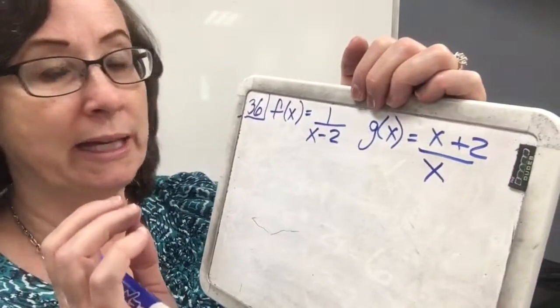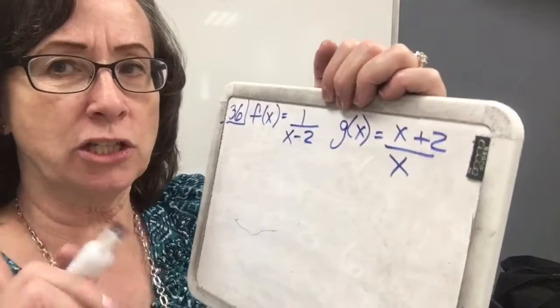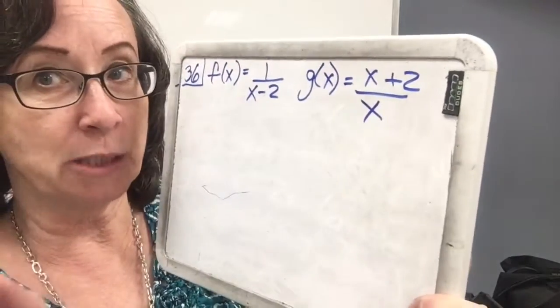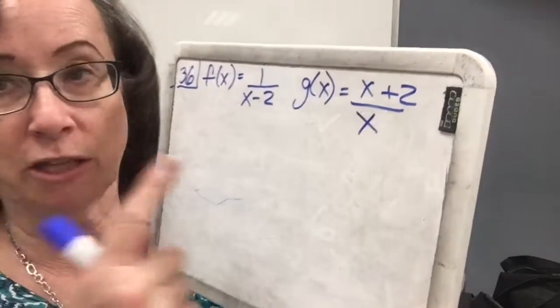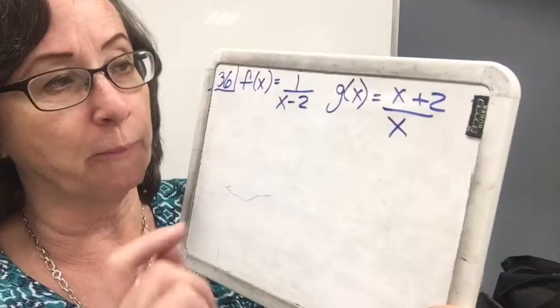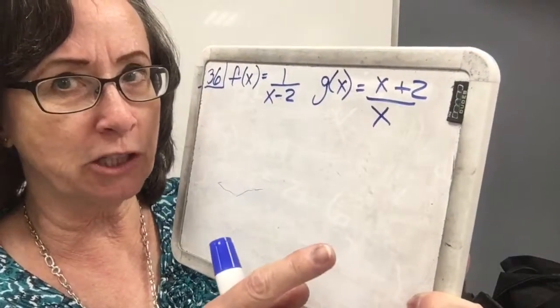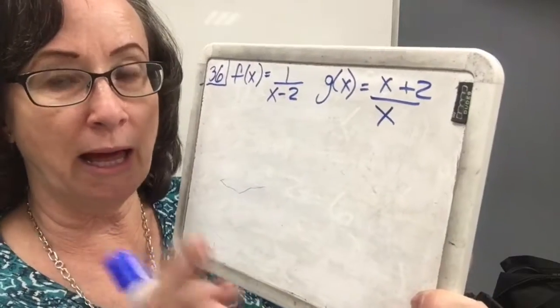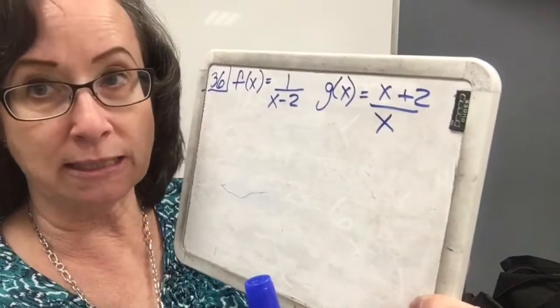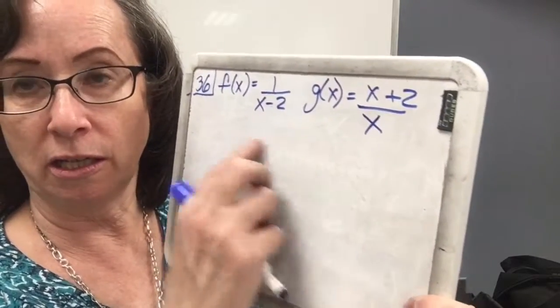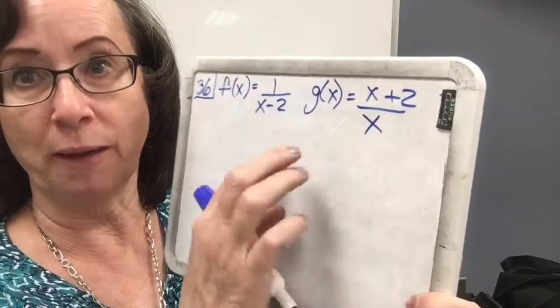But when we compose them, let's go back to when we did the algebra of functions, which is the one before this one. So this is 2.3, that would be 2.2. When we did the algebra of functions, if we were going to multiply, add, subtract, it would be the intersection of these two domains, right?